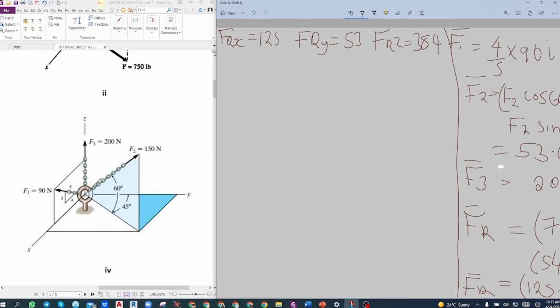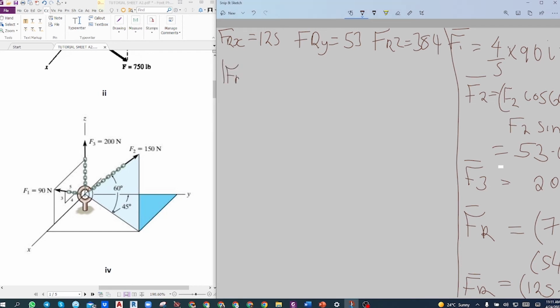I found that those are my components of x, y, and z. Awesome. Now we need to find the direction angles. Okay? So I need to find the magnitude of FR.